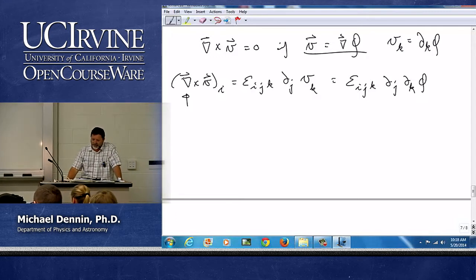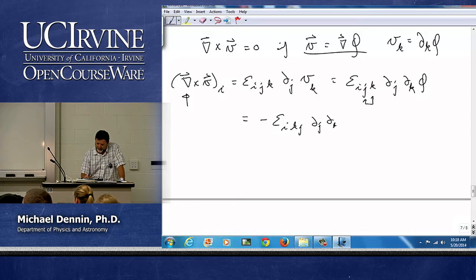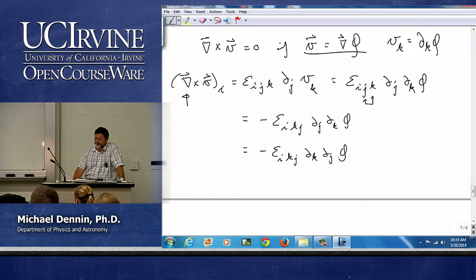So the first thing I can do is recall, if I switch two indices in epsilon, what do I pick up? Negative sign. So this is negative epsilon ikj, dj, dk, phi. Now, I just said I can do the derivatives in either order, so this is negative epsilon ikj, dk, dj, phi.